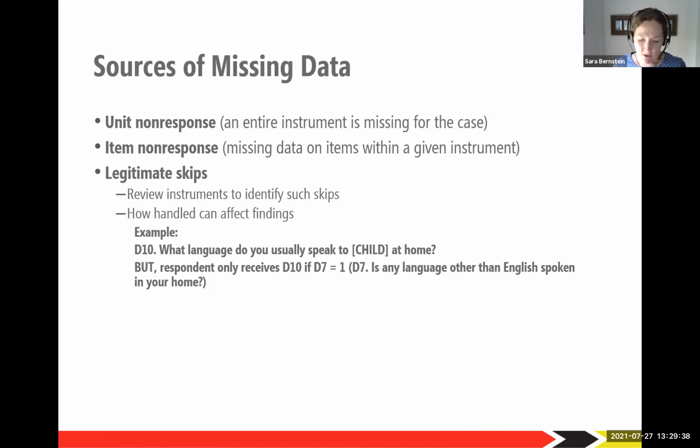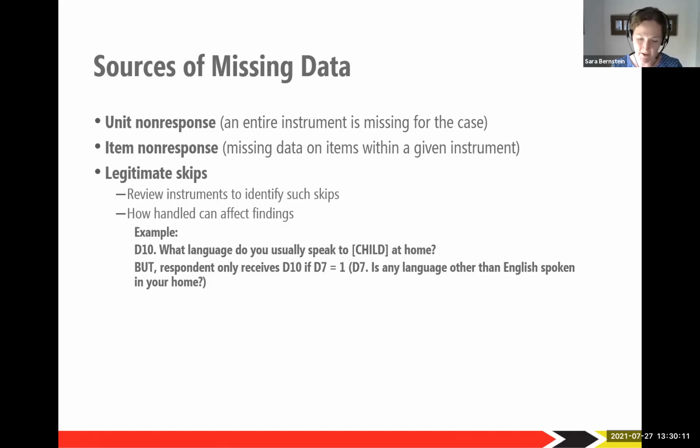As a user, you would need to determine how to handle legitimate skips. You'd want to go to the appendix of your user's manual and look at the instruments to see where those legitimate skips are, and how you handle those can affect your findings. For example, if you're interested in the percentage of all children whose parent usually speaks to them in a native language at home, and you simply calculate the percentage of responses to question D10, you might find that many children's parents report speaking to them in a native language.